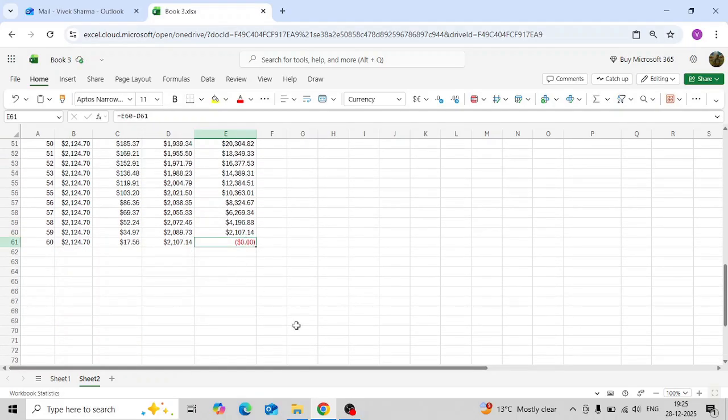You can see our last outstanding amount is 0. Here is the moment where our total loan amount will be paid off.